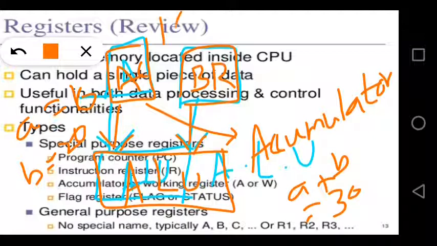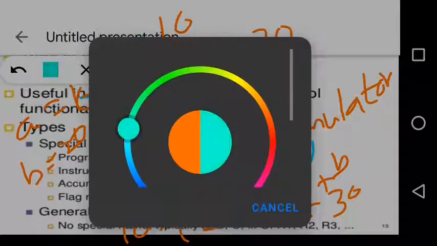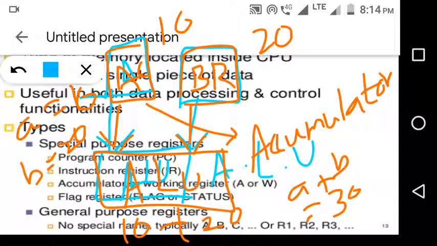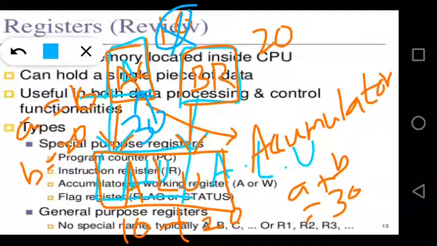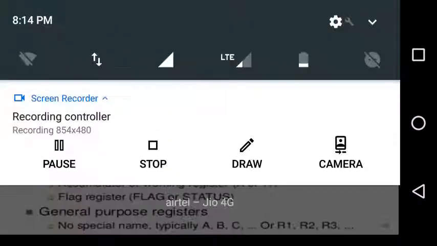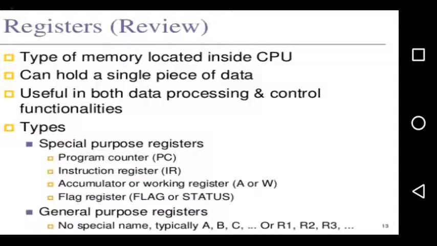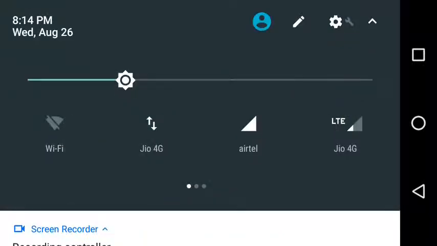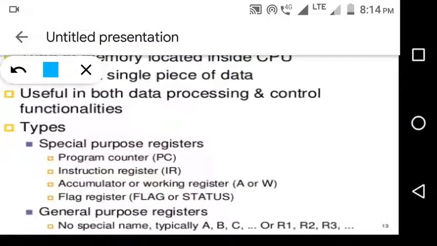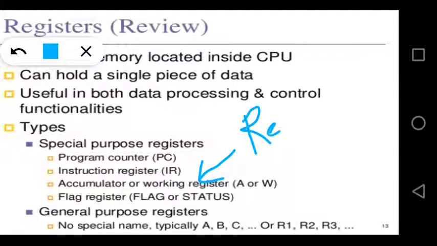So the AC register contains 10, the BR register contains 20, the ALU performs 10 plus 20, and the result 30 is stored in the accumulator register. For that reason the accumulator is called a special type of register, because it is used to store the result of an arithmetic operation.